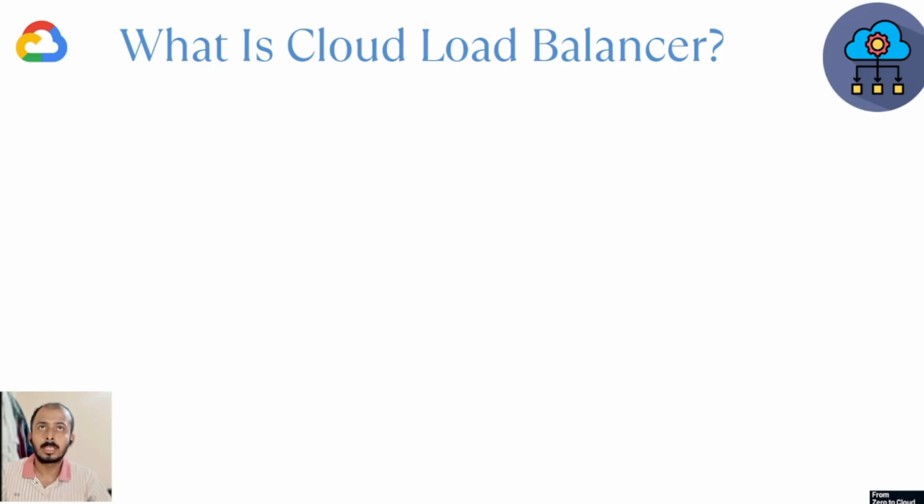So first we'll try to understand what a cloud load balancer is. In simple terms, a cloud load balancer acts like a smart traffic controller for your app. It decides which backend server should handle a user's request based on factors like location, response time, and server health.